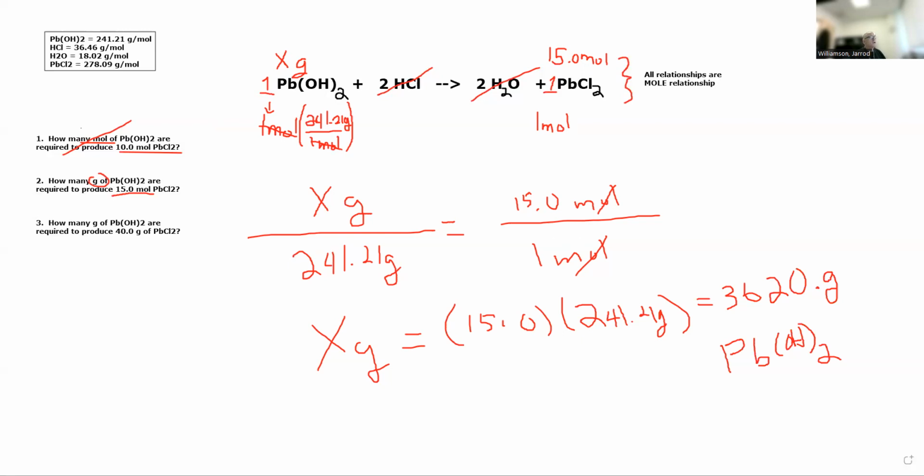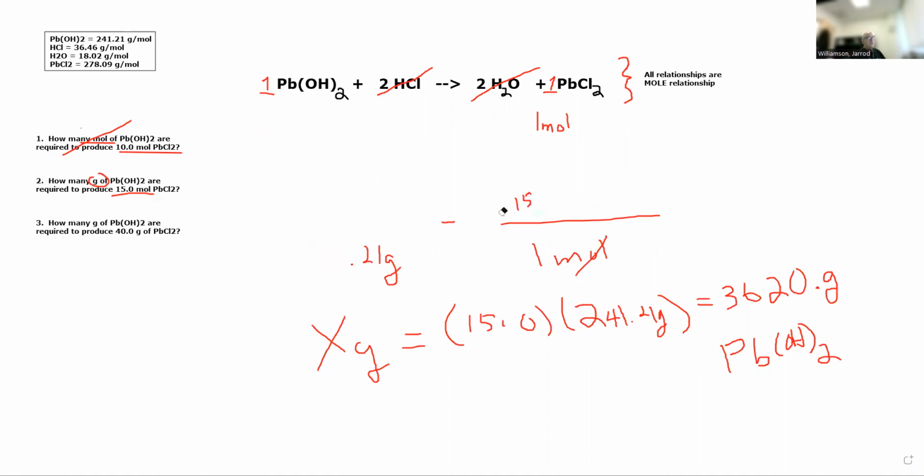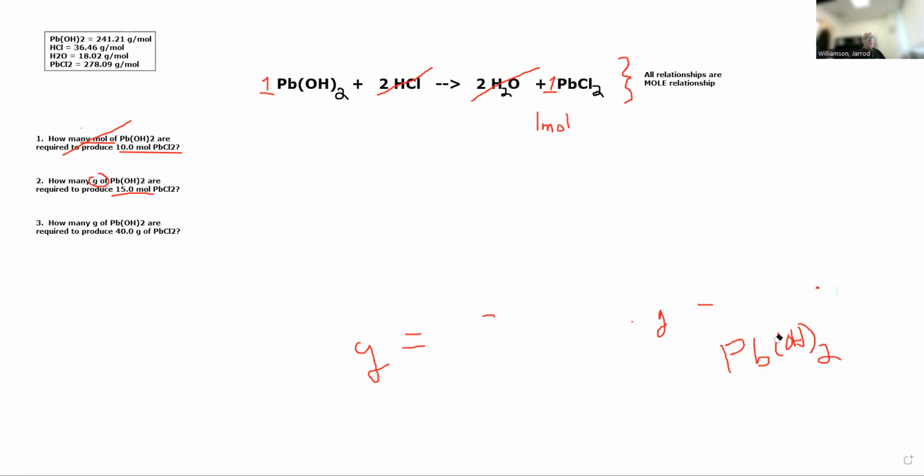Let's get the eraser here. See if I can do this without messing up. So instead of doing this one, we did this one.